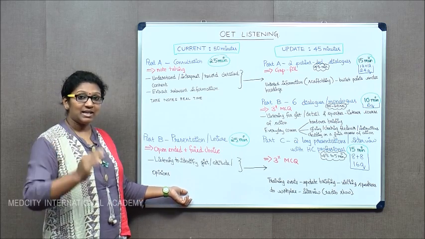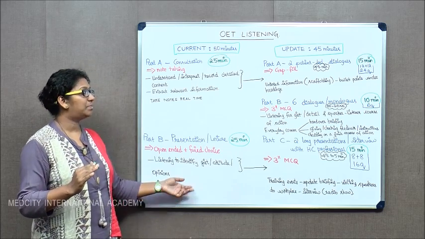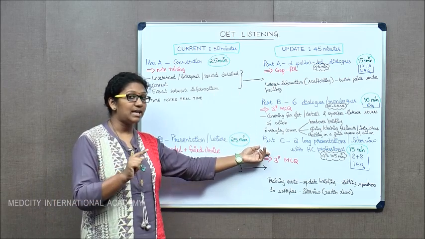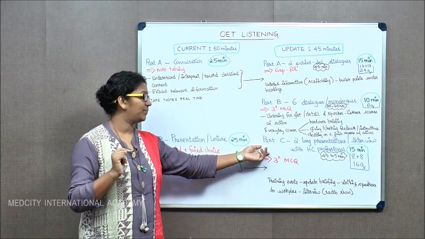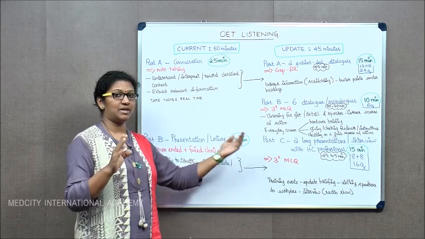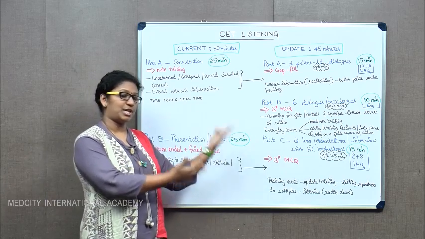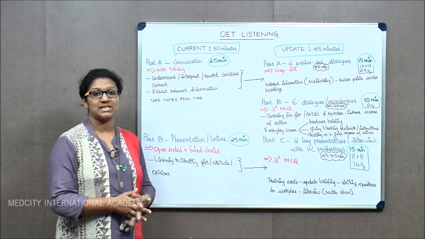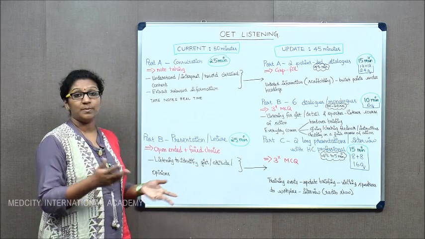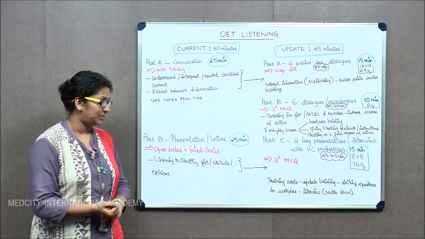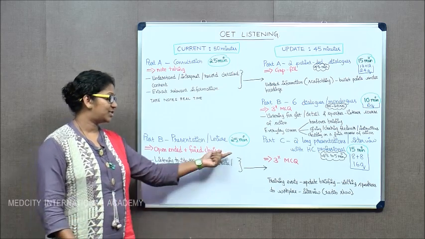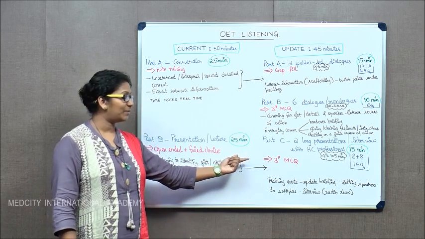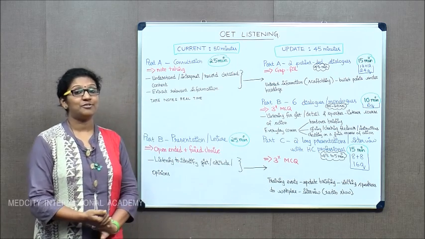Now the current part B of OET listening is completely shifted to part C in the updated version. Okay, so though there are 3 parts, the current part B is what is going to change to part C. You again have 2 long presentations there, and it could be an interview with a healthcare professional. But instead of this 25-minute long audio clip, it will only last for 15 minutes.